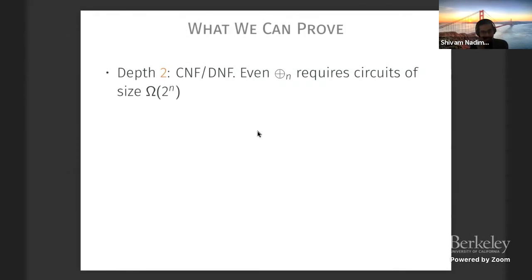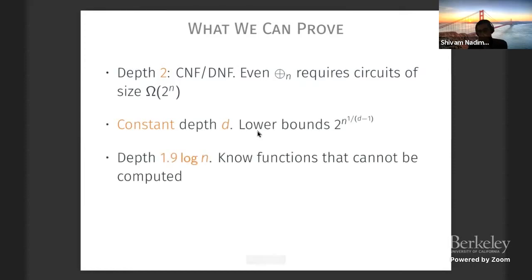For example, we know that even the parity function, a very explicit function, would require such circuits of exponential size. Even if the depth is 3, 4, or any other constant, we still know how to prove exponential circuit lower bounds.